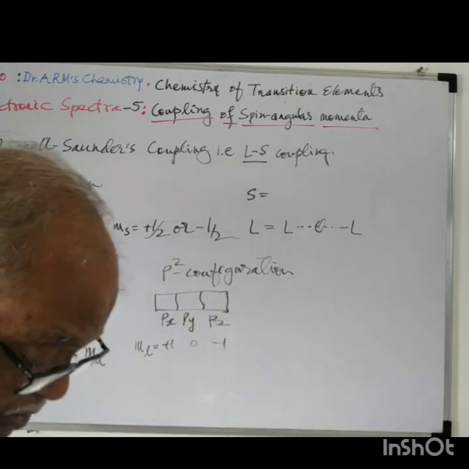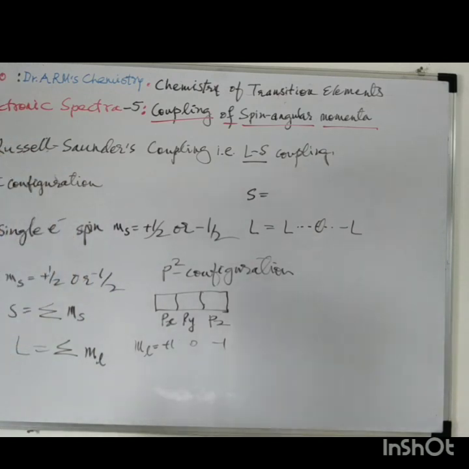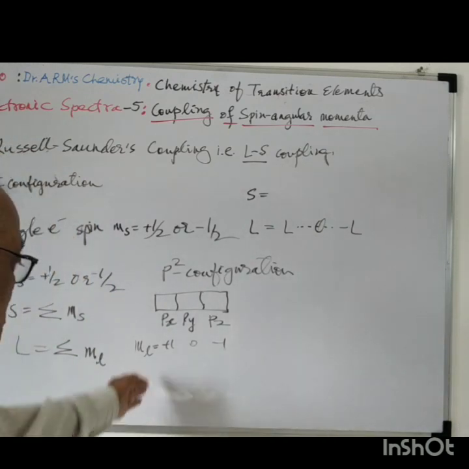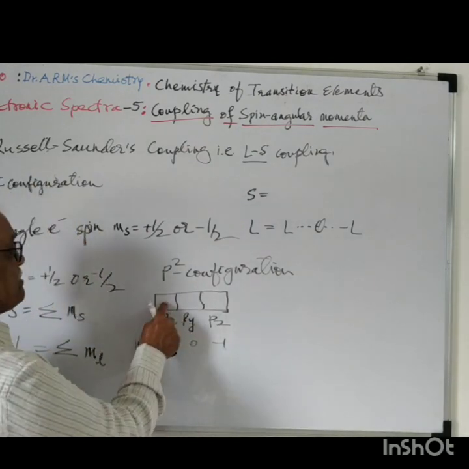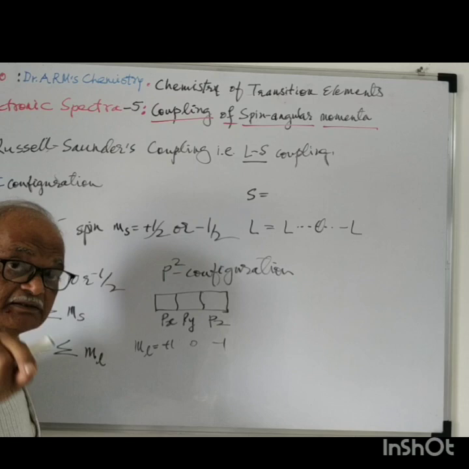Depending upon the number of electrons present, if we have only one electron, it can be placed in any of these orbitals.